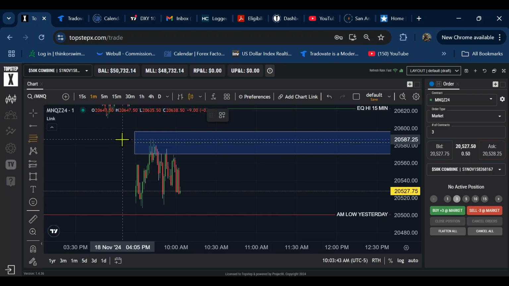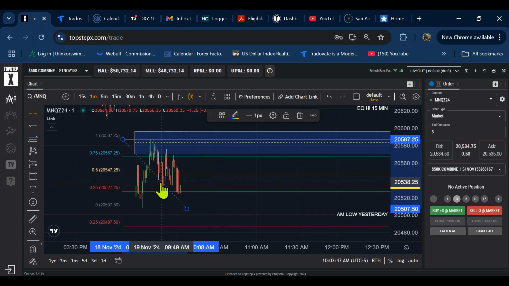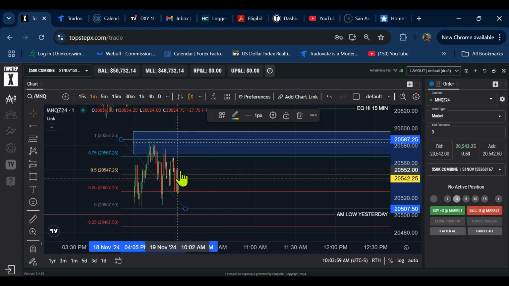If you're going to want to get into that trade, you don't want to go short unless it's above this line. If your narrative is we're going to take out these lows, you don't want to take that trade unless we're above the range, the 50% mark of the range. This is the entire opening range here. So we want to be above here if we're going short.